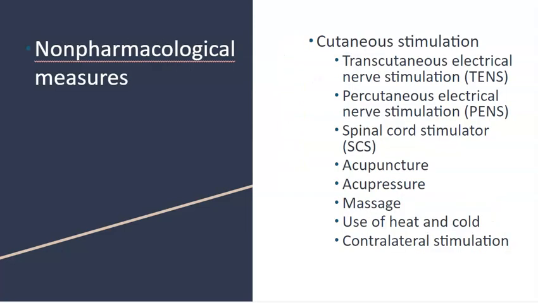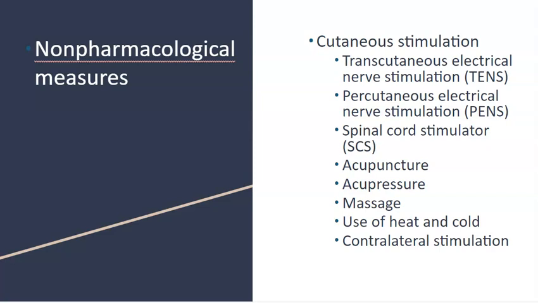So here we're going to talk about the different non-pharmacological measures. What that means is that they don't involve medication. Some different things would be cutaneous stimulation, such as a TENS unit or a PENS unit.